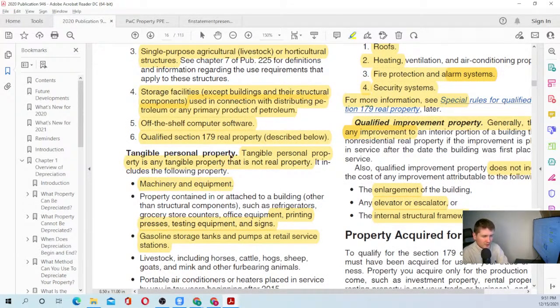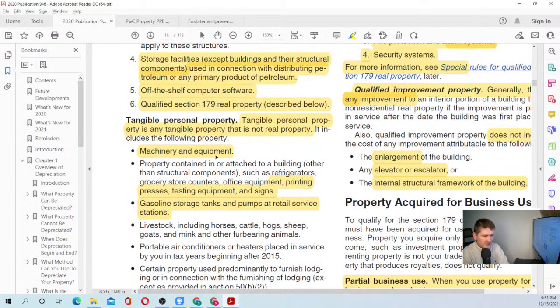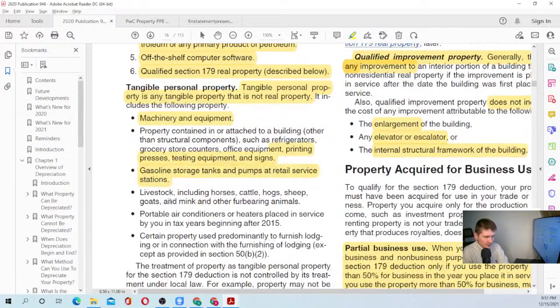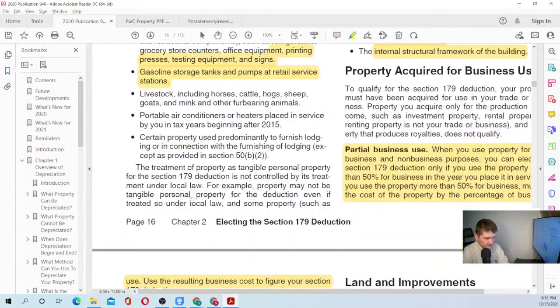Tangible personal property. So what's included in tangible? Machinery and equipment, attachments to the building other than structural components such as refrigerators, grocery store counters, office equipment, gasoline storage tanks, livestock, portable air conditioners or heaters placed in service by you in a tax year beginning after 2015.